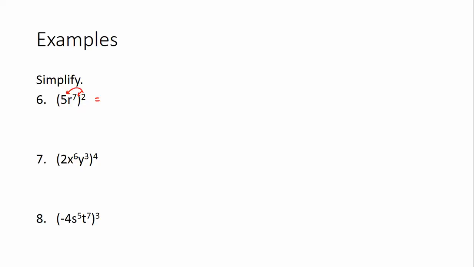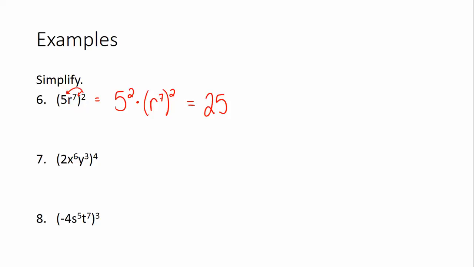Now I'm really going to break this down for you. So we're squaring 5 and we're squaring r to the 7th. But we need to keep simplifying. So 5 squared is 25. And remember the power to a power property we learned earlier in the lesson.